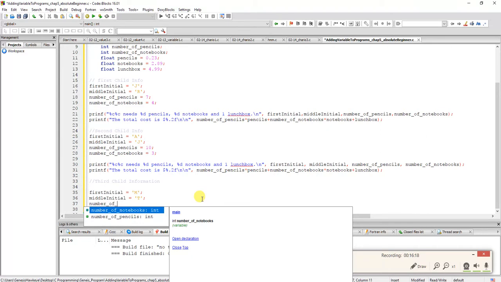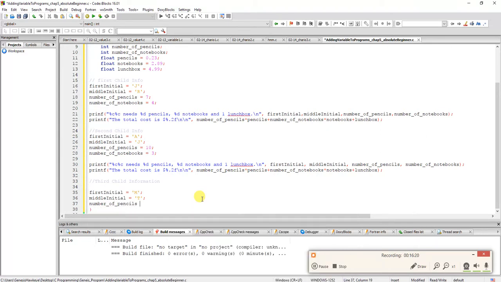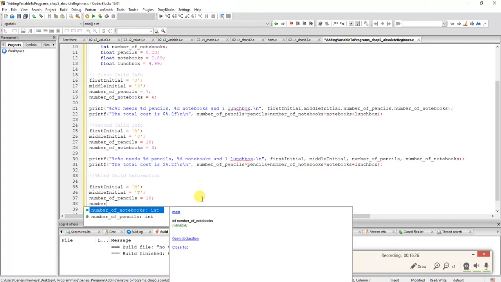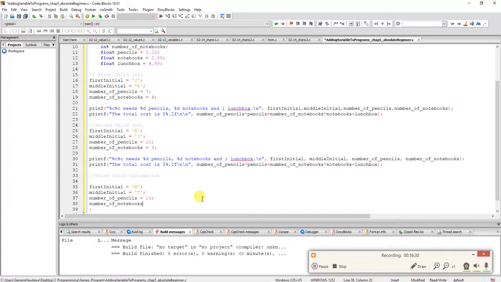Number of pencils that she needs is 10. Number of notebooks that she needs is 3.